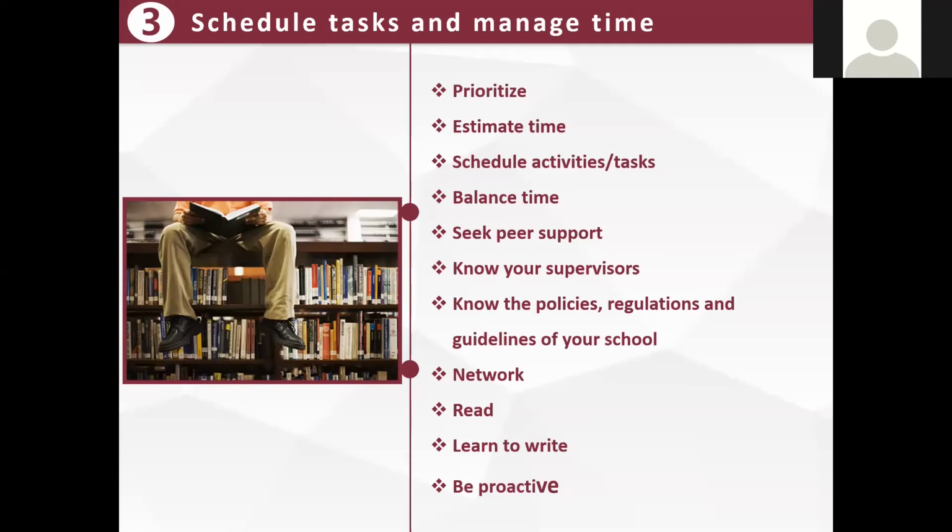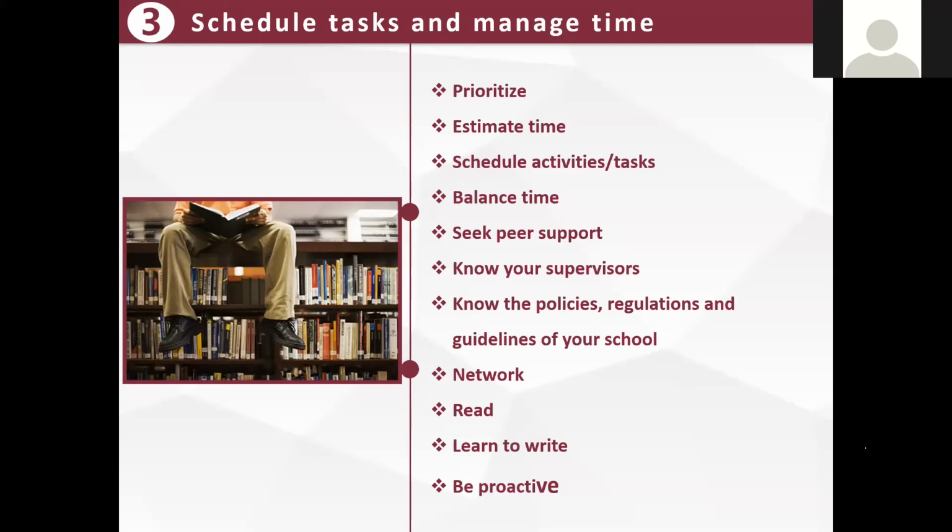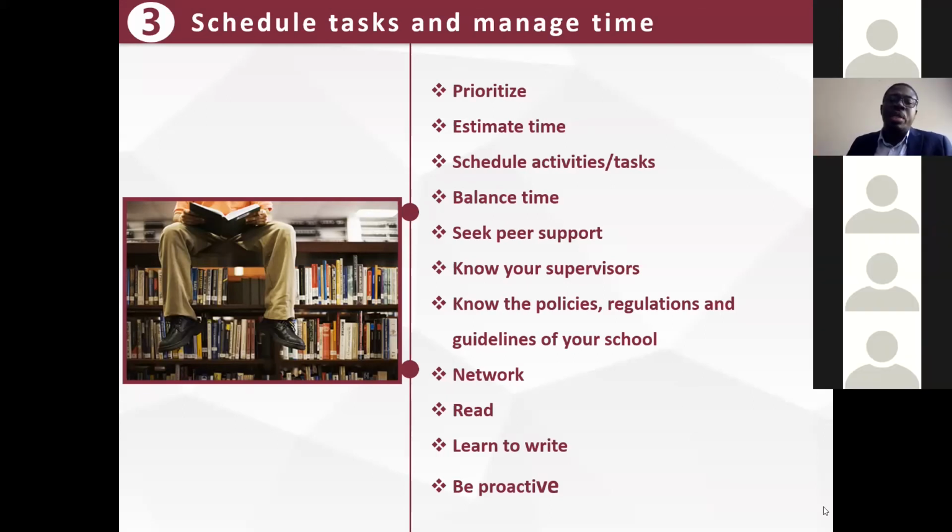You know that without ethical clearance, you cannot proceed. Please do ethical clearance first before you even proceed. Then estimate the time, as we saw in the previous slide. Schedule your activities and tasks in a very logical manner. You don't schedule in such a way that they will cross over, but in a very logical sequence.